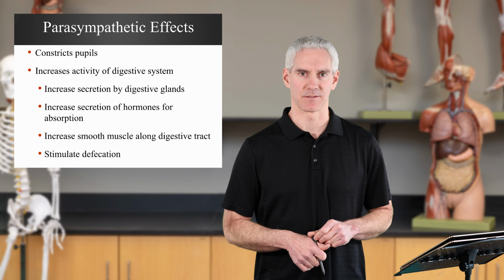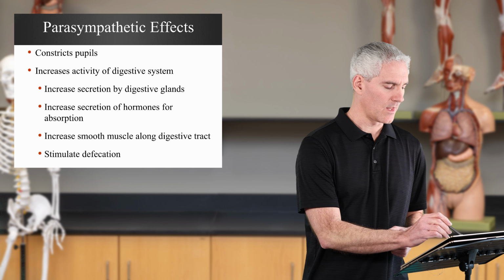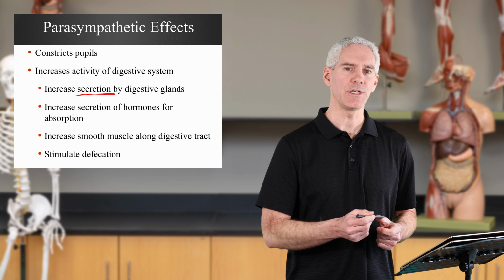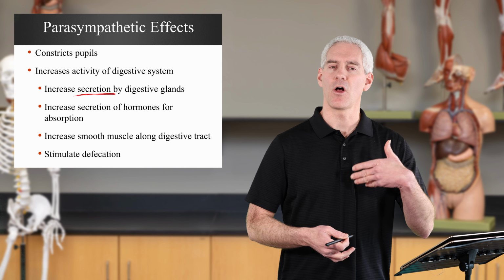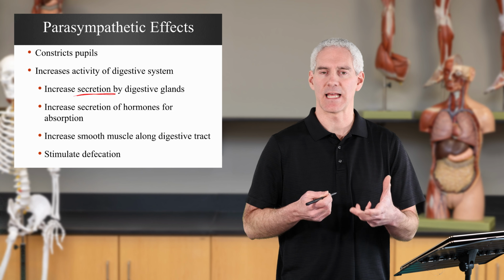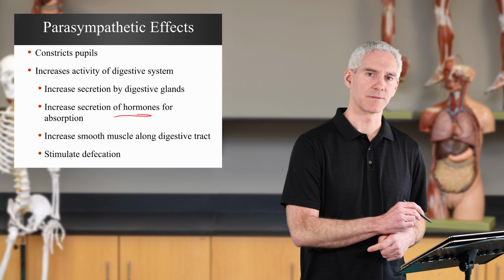Increasing the digestive system. Now, your digestive system has a whole lot going on here. So now you're increasing secretions. Because to digest your food, you're secreting all these different enzymes and chemicals that help break it down. Increasing hormones.